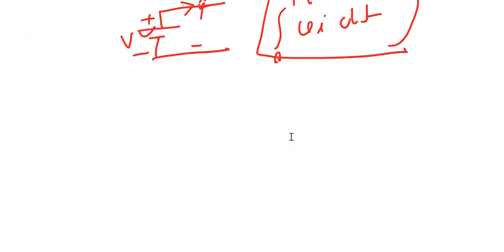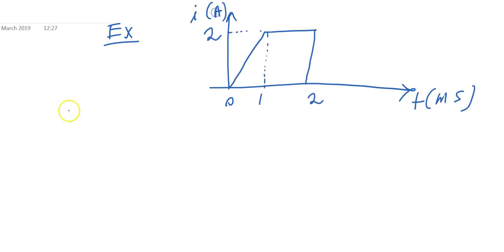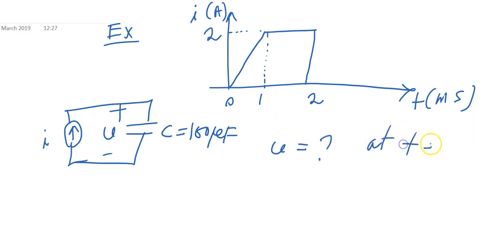We'll do some examples to get clarity on whatever we have studied till now. Consider the current waveform, with t in millisecond and I in ampere. Check this circuit. It's a capacitor of 100 microfarad, and this is your current. You need to find the voltage V at t equal to 3 millisecond.